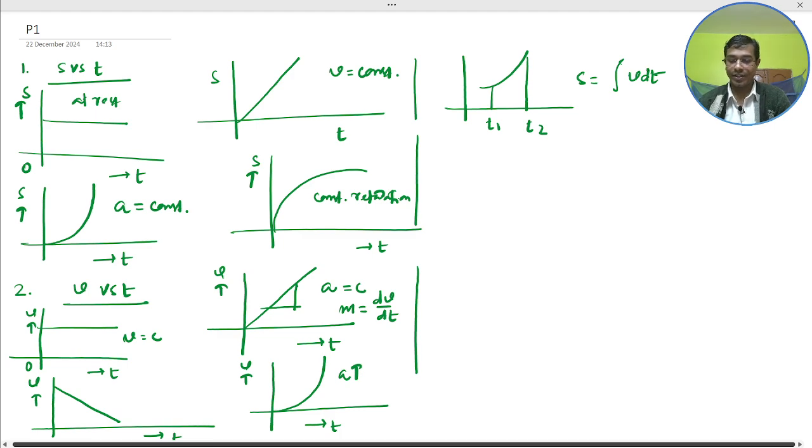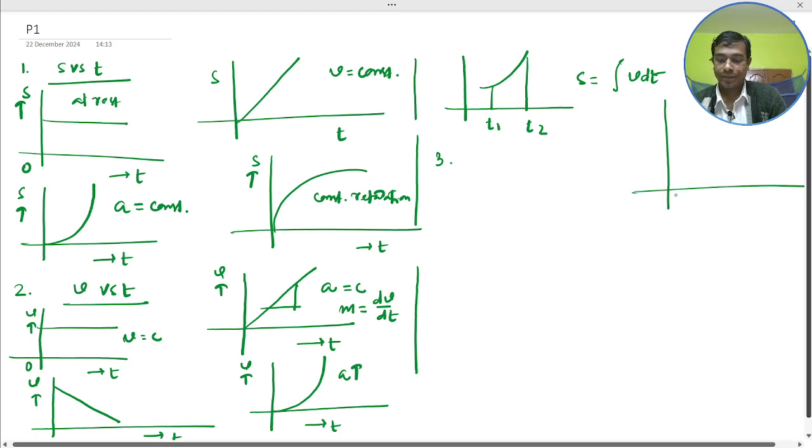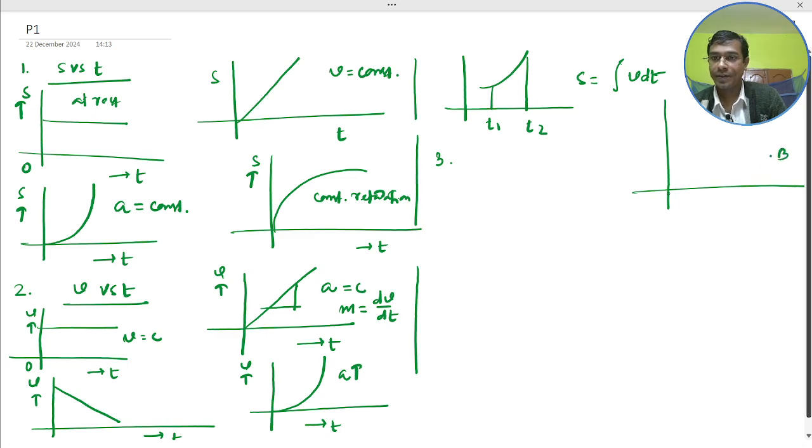So the second one is relative motion. Suppose this is a point A and this is a point B, this is RA and this is RB. For the vector triangle rule, this direction is RAB.